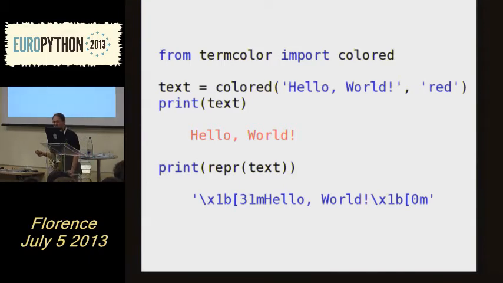How this happens is how I told you earlier. Some special weird characters are added that mean this text should have color 31, and 31 is the code for red color. Then there's the text, and then you have something that says the color should be 0, and 0 is reset back to normal.